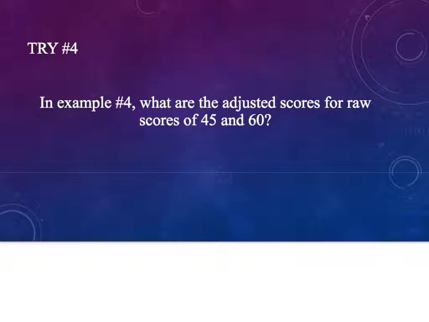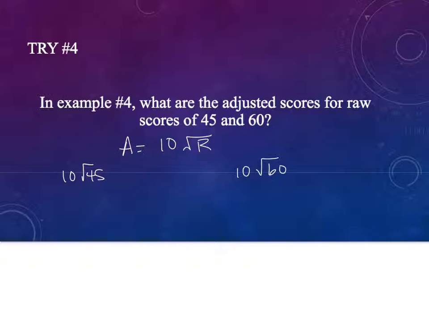All right, so we're doing the same thing, except now it's from 45 to 60. So again, the adjusted score is 10 square root of R. So this first one is 10 square root of 45, and the other one is 10 square root of 60.